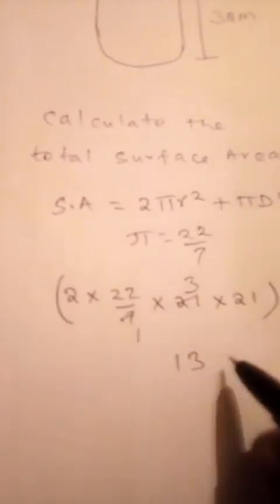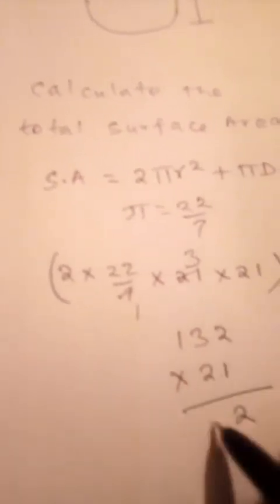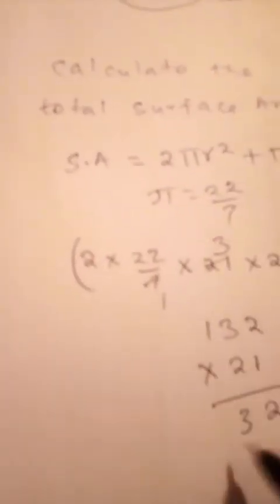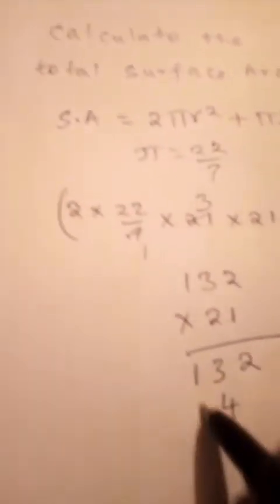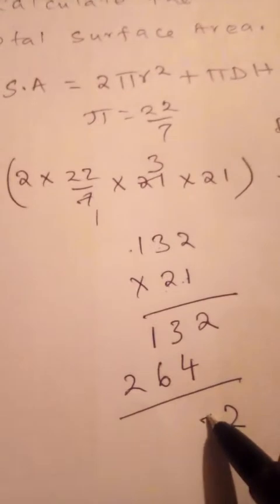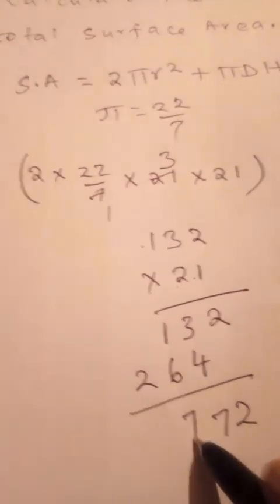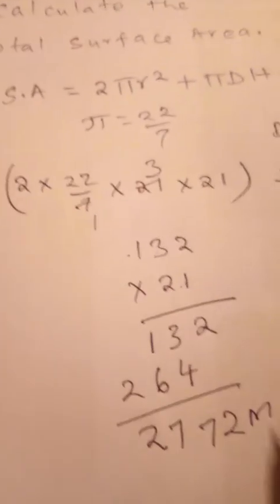So it is 132 times 21. 1 times 3 is 3, 1 times 1 is 1, 2 times 2 is 4, 2 times 3 is 6, 2 times 1 is 2. So we have 2772 meters square.